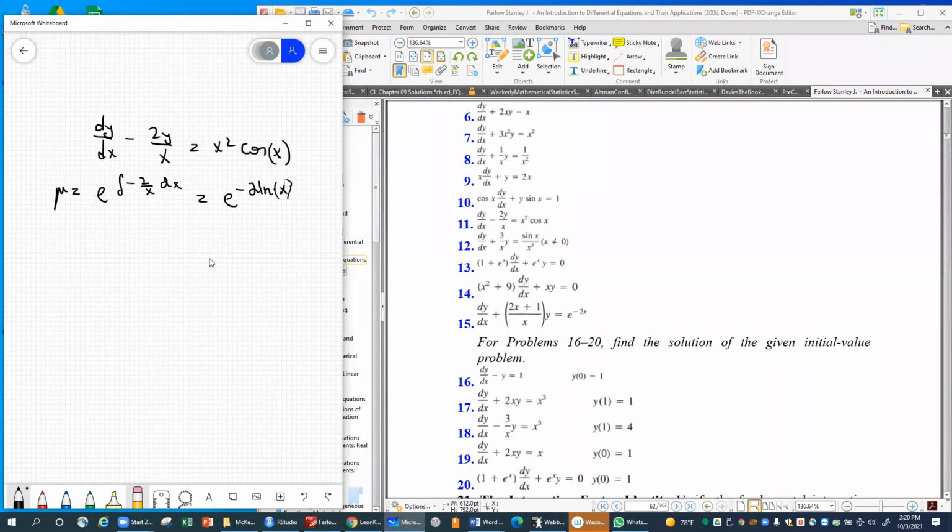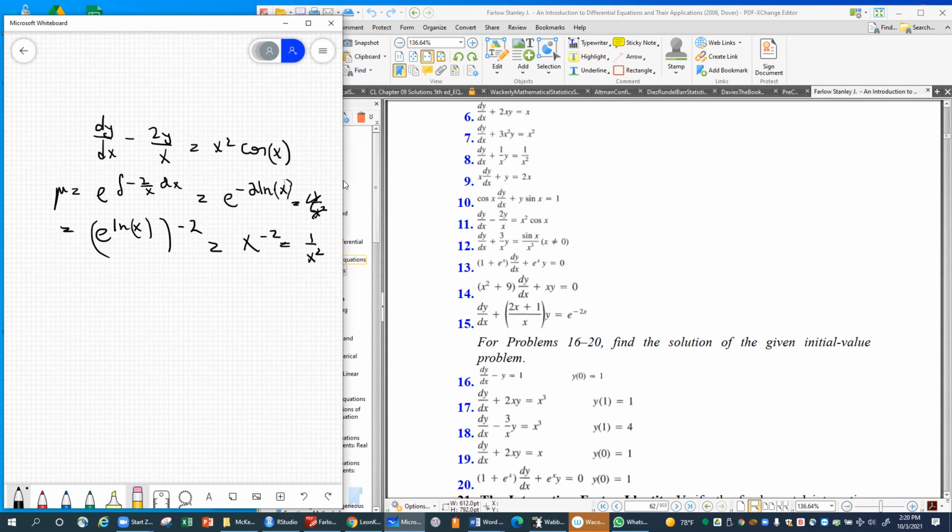So that becomes what? That becomes 1 over x squared, right? Why? If I do e to the integral of 2 over x, well, just write it like this, e to the ln x, and you still have minus 2, and that's x to the minus 2, right? e to the ln x minus 2 ln x.